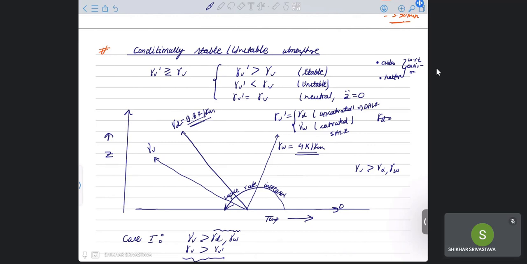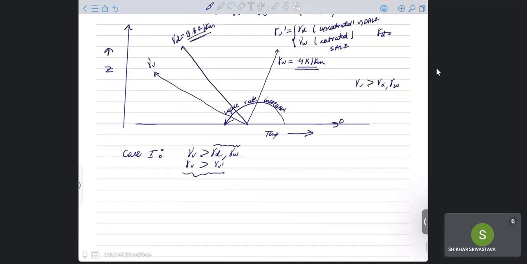Unstable. Always unstable, right? So this is the case for always unstable. If the environment lapse rate is greater than 9.8 Kelvin per kilometer, that means a parcel in that environment will always be unstable. If you displace it, it will keep on moving in one direction.